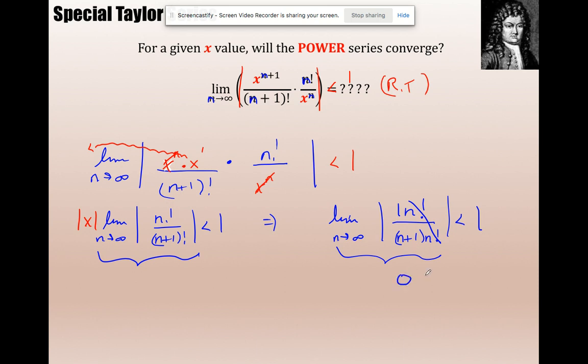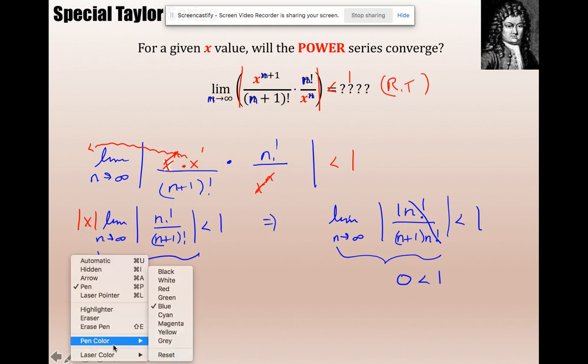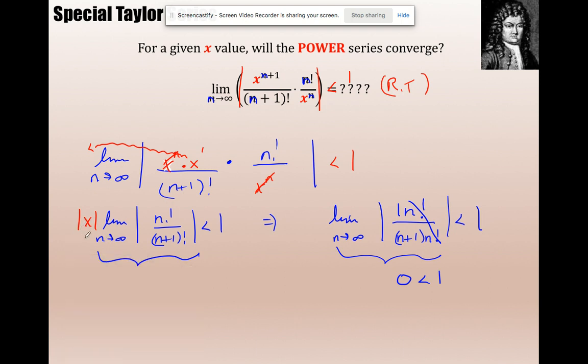This limit goes to 0, but here's the extra piece for our power series. You can't forget that a power series involves x. You had the absolute value of x times all of this, times the limit. So you have the absolute value of x times 0, which is less than 1? And you're asking for what values of x will this statement be true?